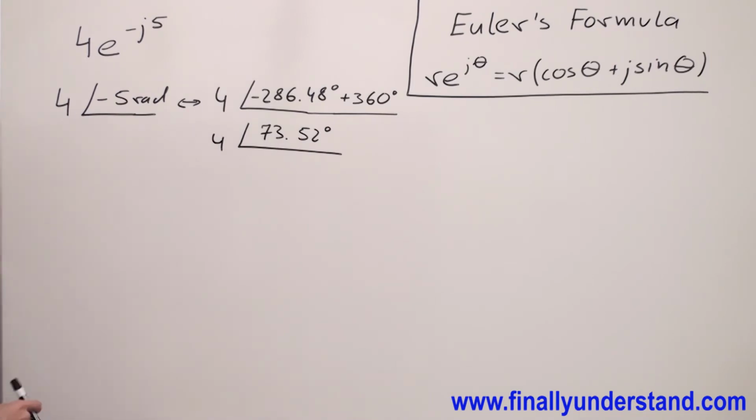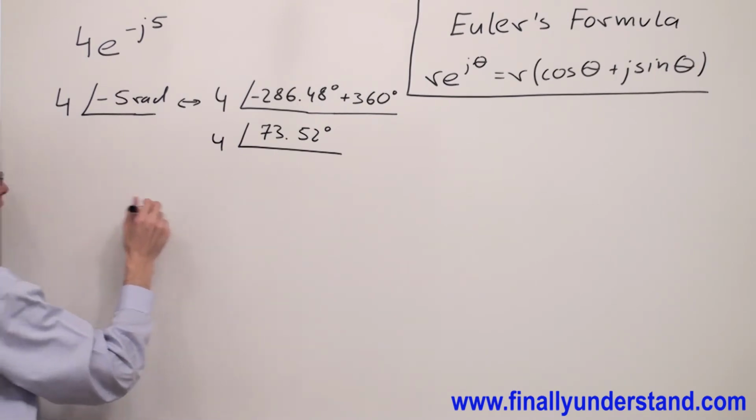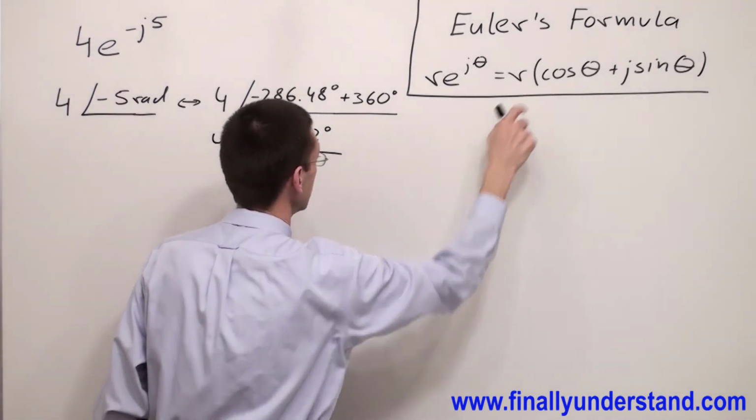So what are we supposed to do next? We're supposed to find the trigonometric form, okay? So I have magnitude, because this is the example of the trigonometric form.